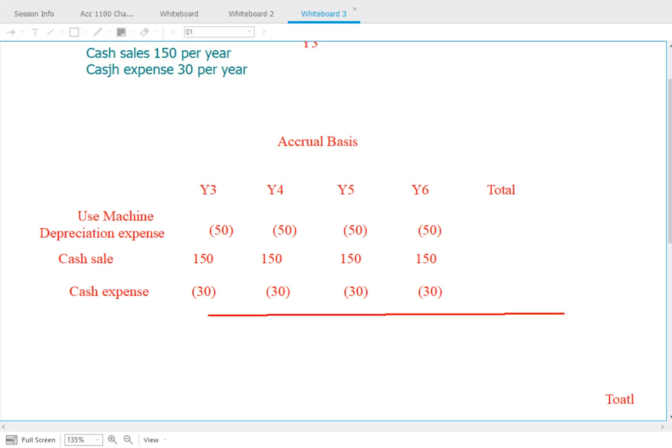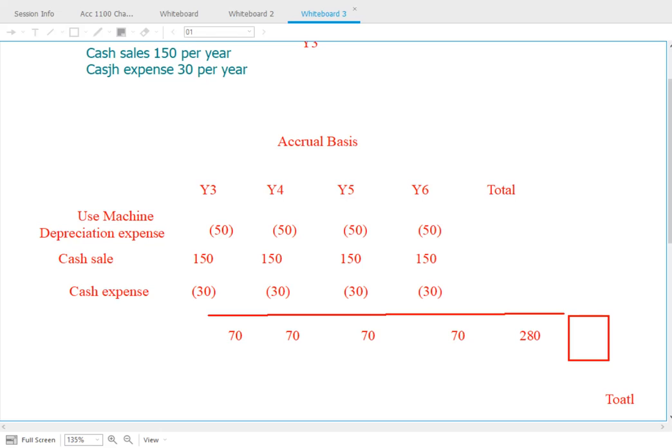And if you add the 4 years, you're going to find the total equal to 280. The 280 is the sum of the 4 years. If you look at your notes, you're going to find that under the accrual basis and the cash basis, the sum of the 4 years is the same.